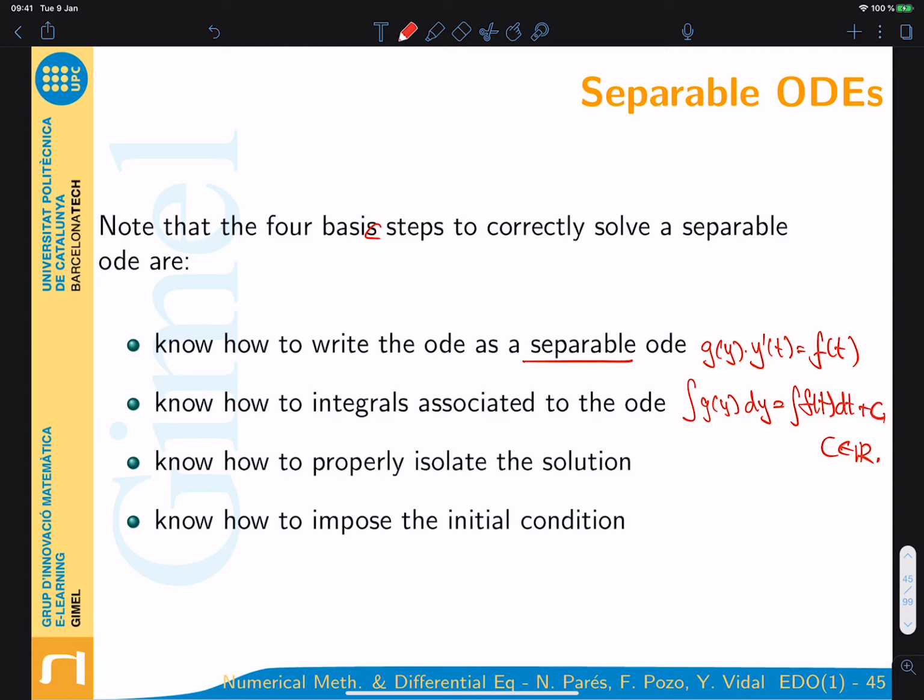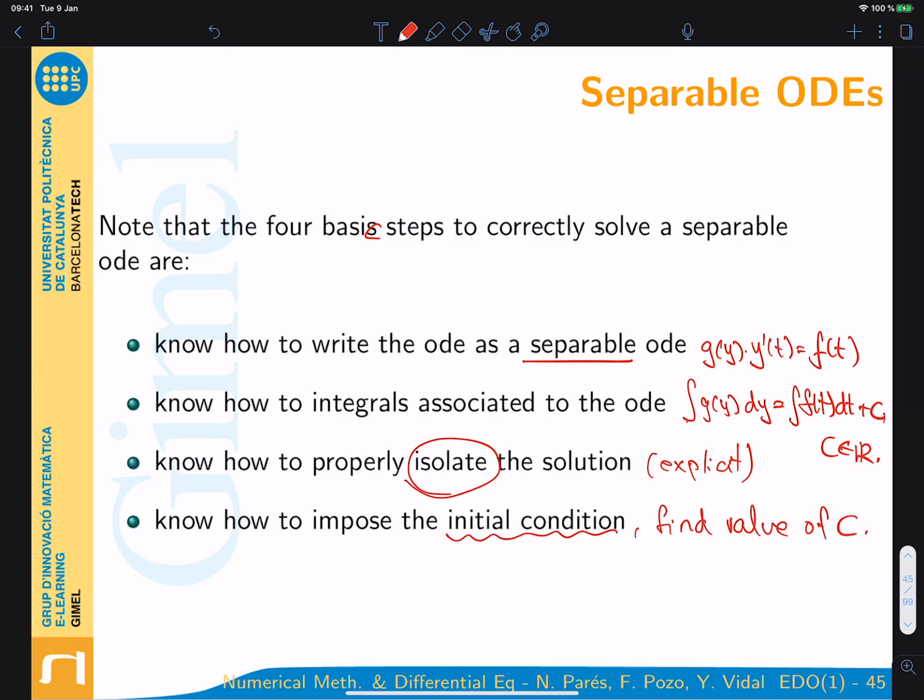And then we need to be able to solve the integrals and properly isolate the solution if we want the explicit solution. And finally, if the initial conditions of the problem are given, we impose them to find the value of C.